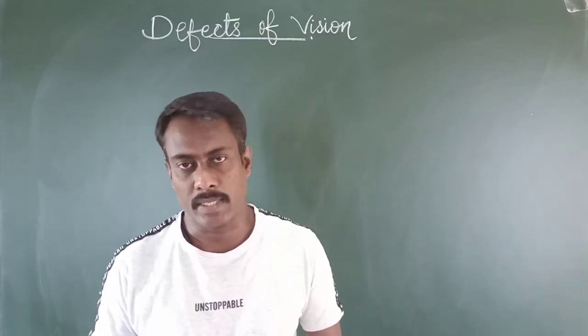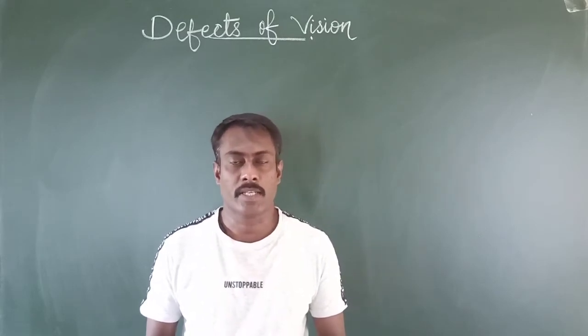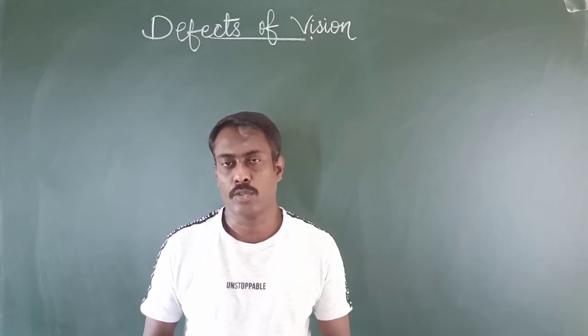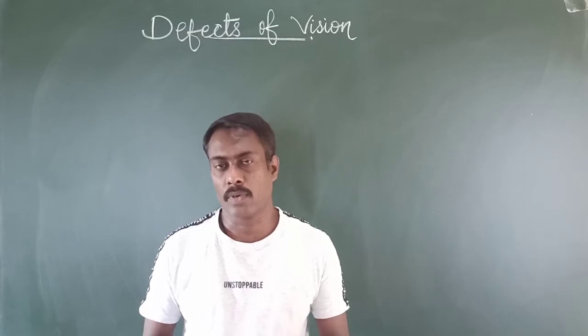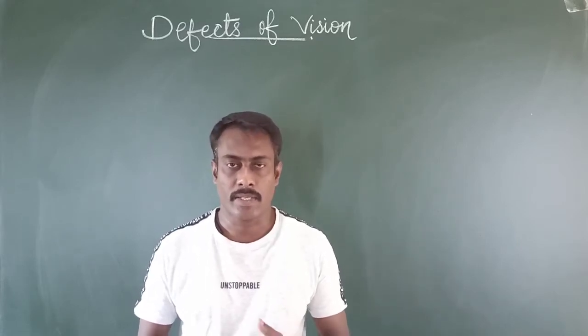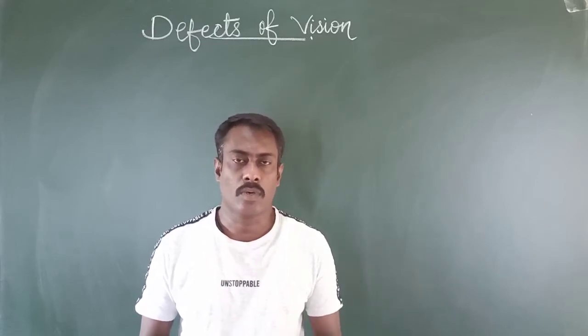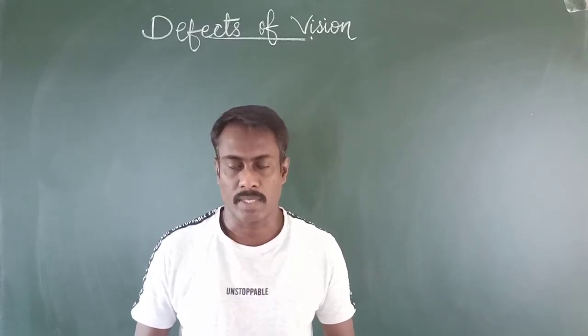This is made possible by structures like the ciliary muscles, and this ability of the human eye to adjust its focal length so that it can focus on objects at various distances, nearby and far away, is known as the power of accommodation of the human eye.